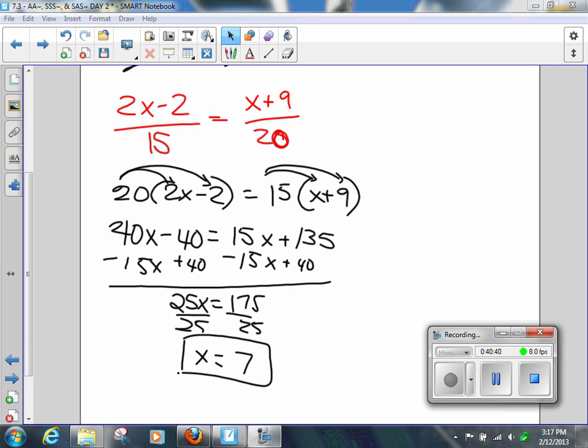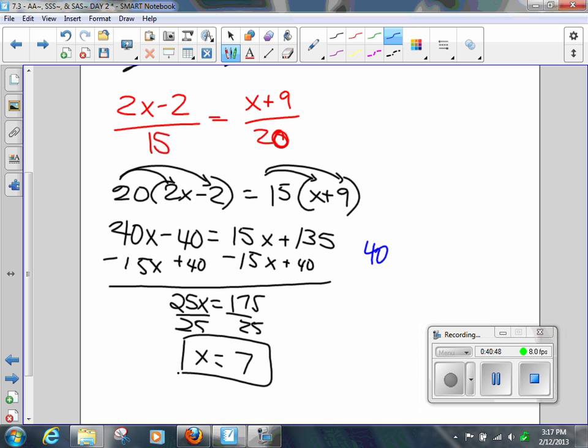Yes? Okay. Did you subtract 15 from both sides? Did you subtract 40 from? All right, so then you would have gotten 40x is equal to 15x plus 175. Did you subtract 15 from both sides? Ding, ding, ding. Just found your mistake. Fix it.